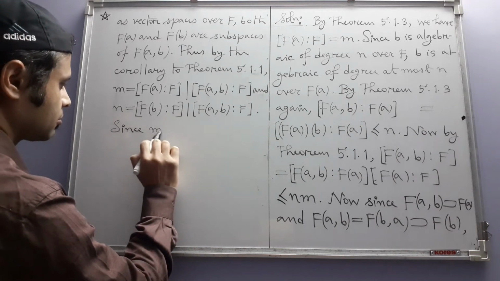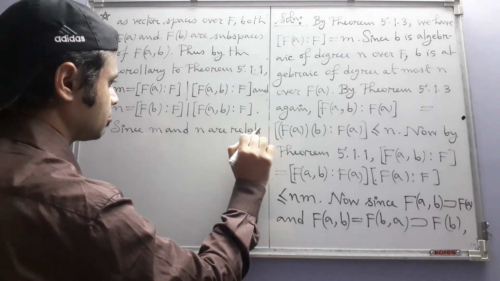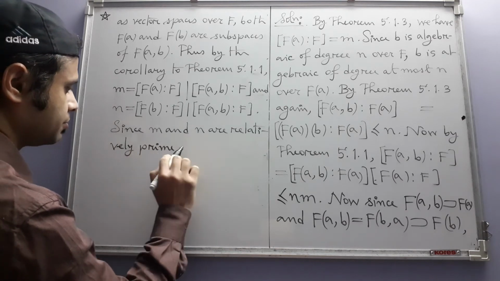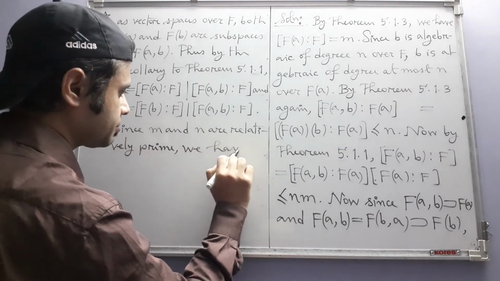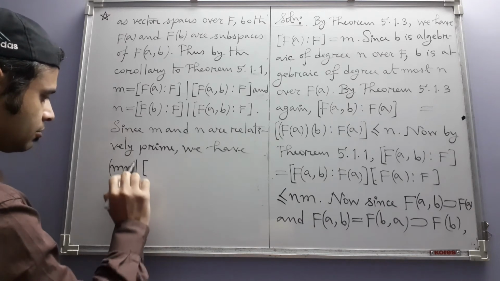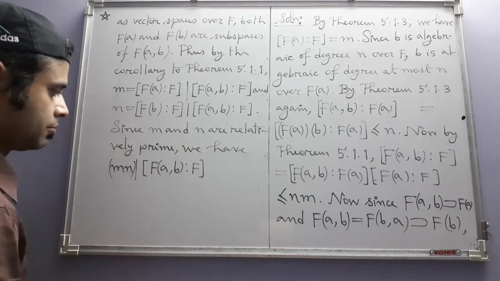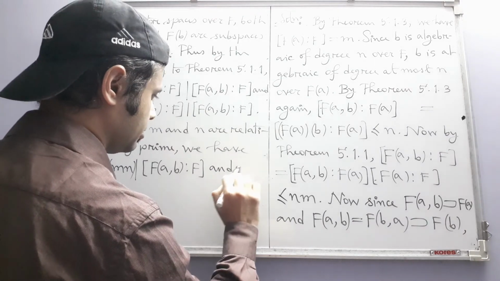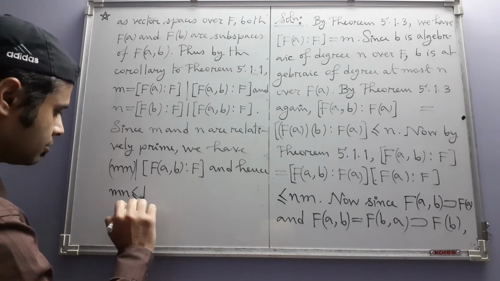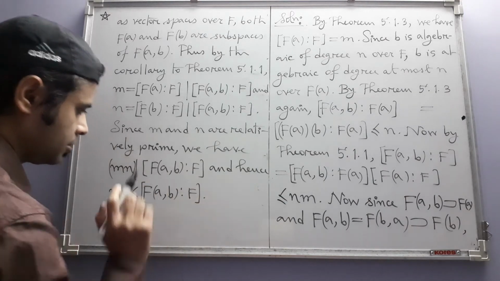Since m and n are relatively prime, we have mn dividing this dimension or the degree, and hence mn must be less than or equal to this degree.